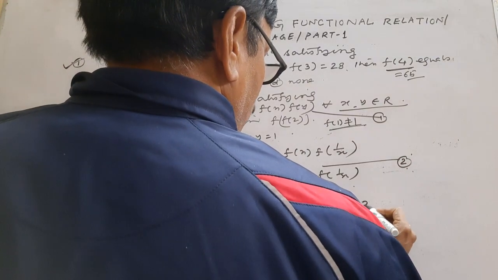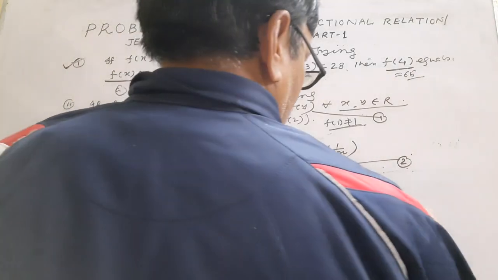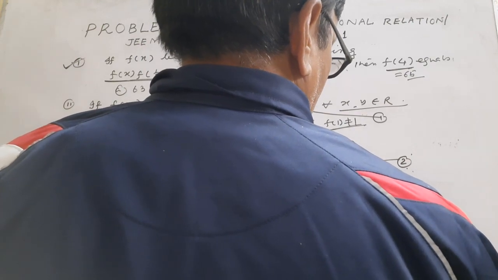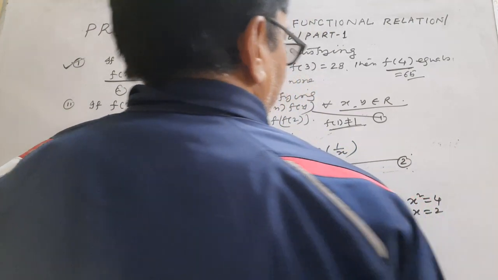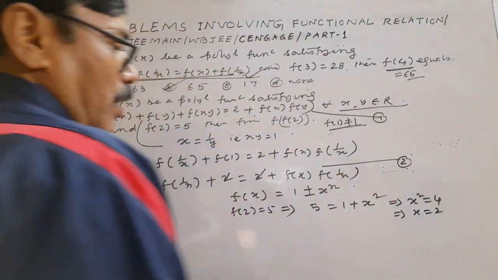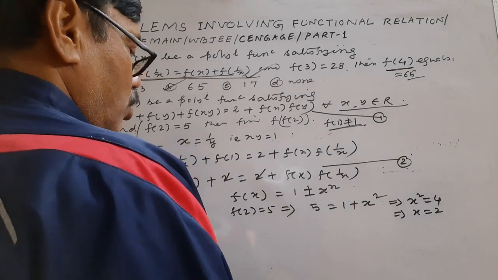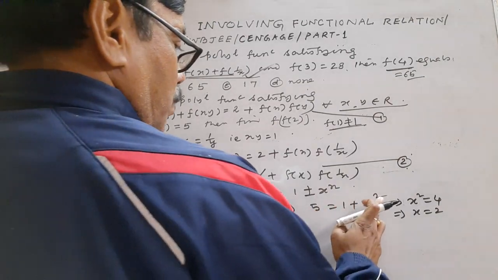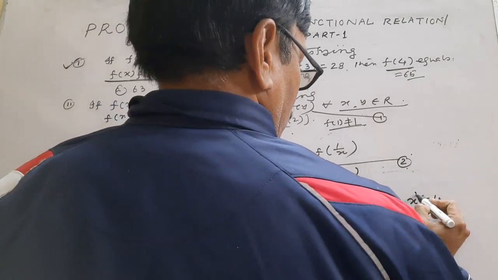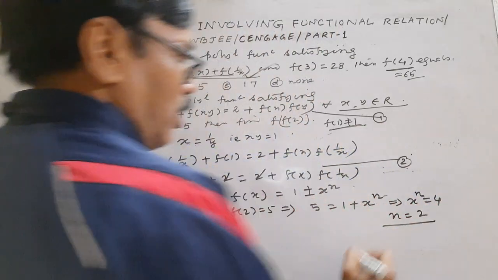If we take the positive sign, then 5 = 1 + x to the power n with x = 2, so x to the power n equals 4. So what is n? n equals 2.